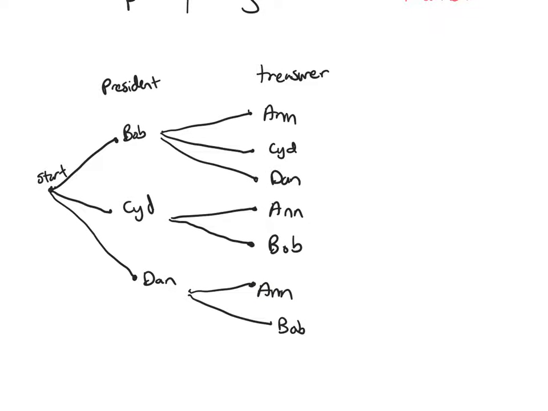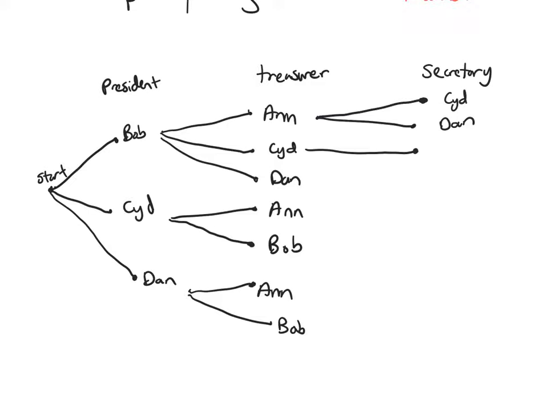So the last position would be secretary. Here, in this first one, either Sid or Dan could be secretary. But here, Sid was treasurer, so Dan would have to be secretary.